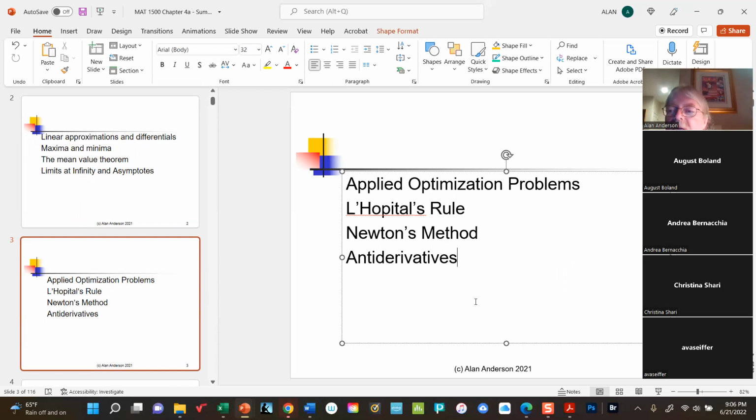We've been focusing a lot of attention on taking derivatives. There's actually a reverse process that we can apply, which is called antiderivatives. It's kind of like matter and antimatter, but maybe not. We're going to cover a lot of heavy duty topics in this chapter 4.